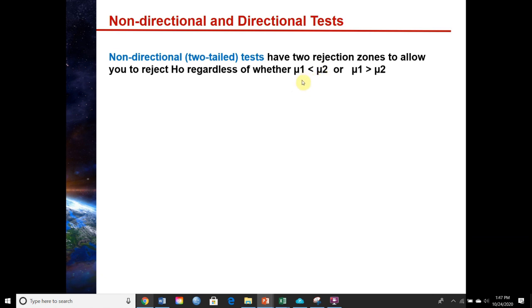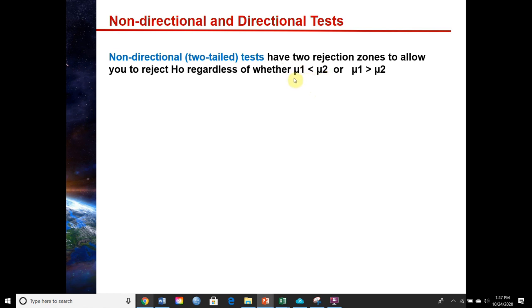So if you phrased your hypothesis in such a way that you're just saying mu1 is going to be different from mu2, you're not saying which direction the means are going to take. You're not saying group 1 is going to be higher than group 2 or vice versa.